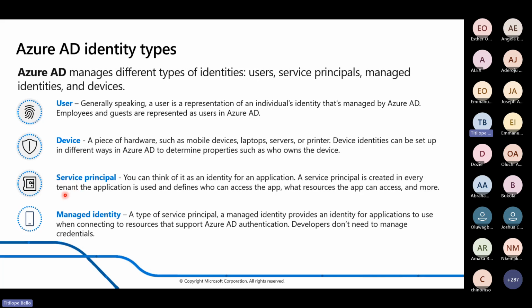That is what a service principal is. And finally, we have what we call managed identity. Managed identity is also a type of service principal that is provided for an application to use when connecting to resources that support Azure Active Directory authentication.